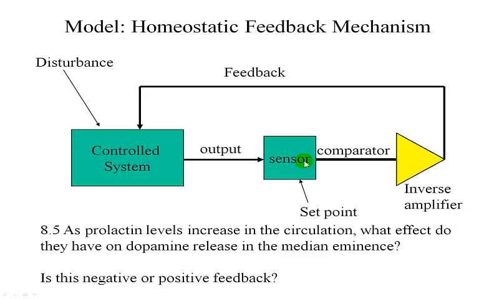Does that make sense? So if you add exogenous hormones 3, this is our controlled system, our 3-gland 3-hormone system. So we have added hormone 3. The output of hormone 3 at some sensor determines that hormone 3 is now above exogenous plus endogenous, 10 above the set point.